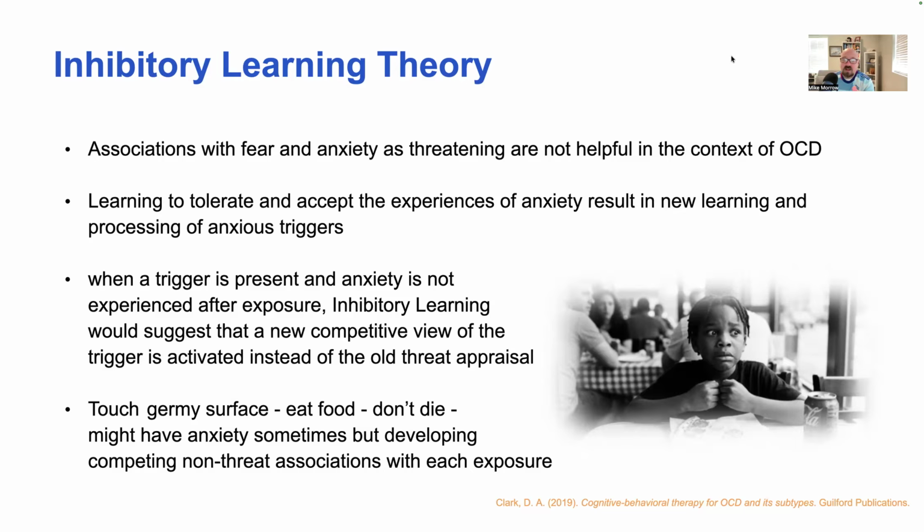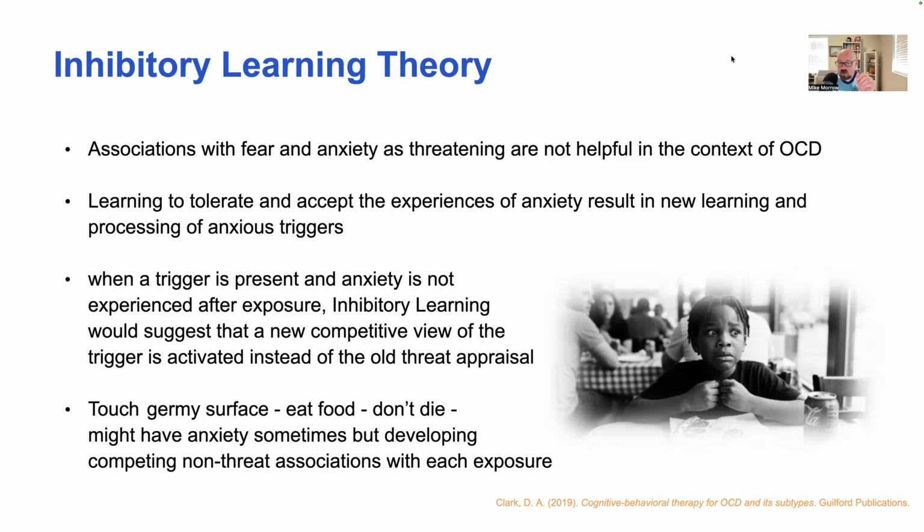The summary here would be like: touch germy surface, eat food, don't die. We might have some anxiety sometimes, but we're developing competing non-threat associations with each exposure. So you may still have anxiety the next time you touch a bathroom counter and eat pizza when you're not doing an exposure, and you have a lot of competing information that says it's okay to do this and it's okay to feel anxiety.